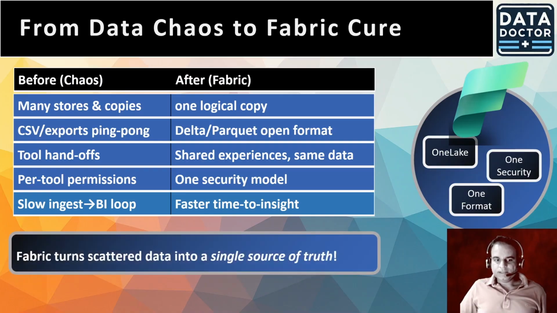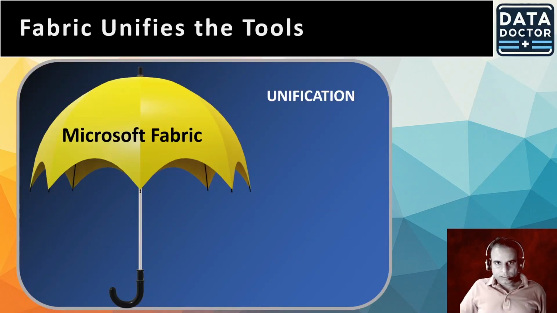In summary, we can say that Fabric turns the scattered data into a single source of truth. So this is an overview of what Fabric actually does, and let's see how it does it. And this is done by unifying various services. You can think about Microsoft Fabric as an umbrella, and under this umbrella, there are various Azure services related to data.